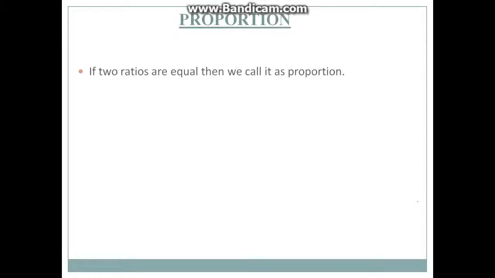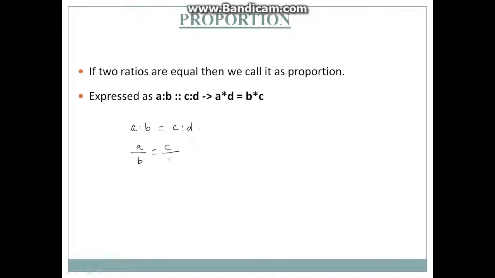The next thing is proportion. Proportion is nothing but, if two ratios are equal, then we call it a proportion. Suppose A is to B equals C is to D. A is to B we write as A by B, equal to C by D. Whatever they are asking, you just cross multiply and find the value.